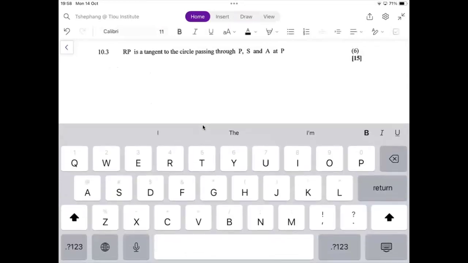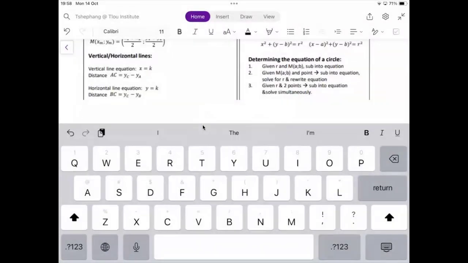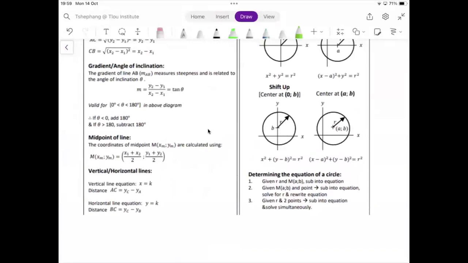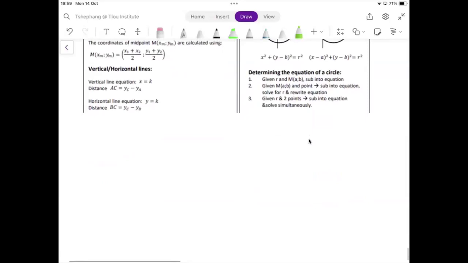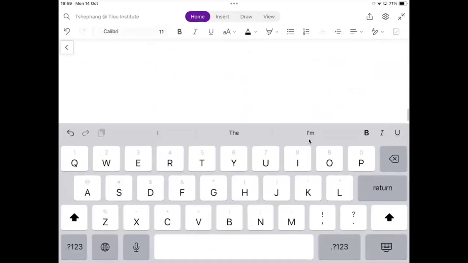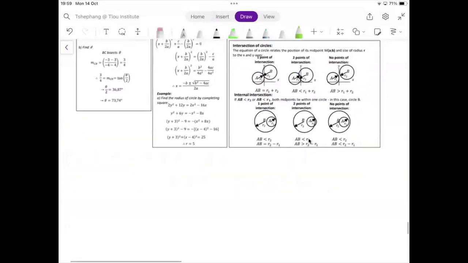I was trying to paste it in the chat, but it doesn't look like it is pasting. Let me paste everything. Let me see if it works now. Okay, perfect. This is what I wanted to give you guys.